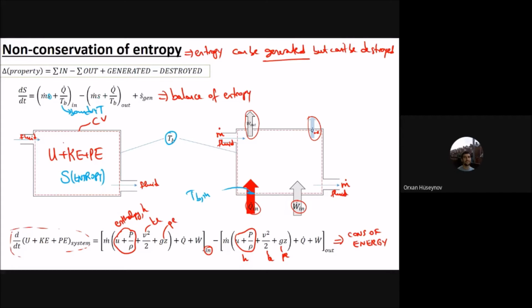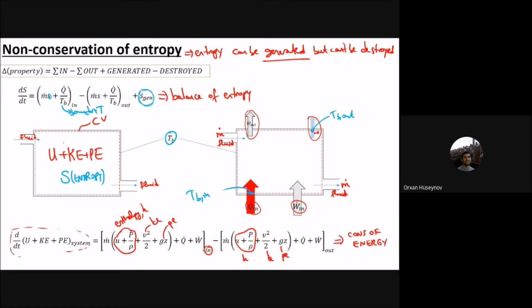For the outlet, you will have the mass flow rate multiplied by the entropy that leaves the system, similarly to the energy balance, plus Q dot where it leaves the system, and there you will also have the T boundary out, the temperature at which it leaves. This one minus that one, plus the entropy generation part.